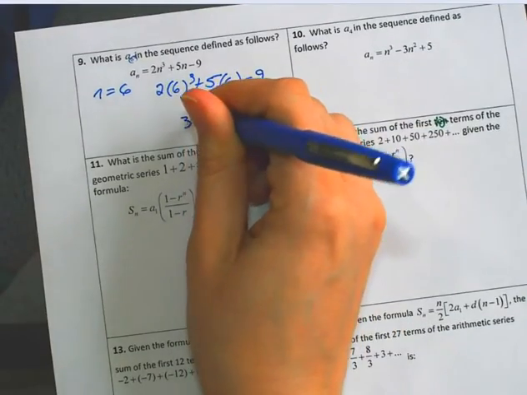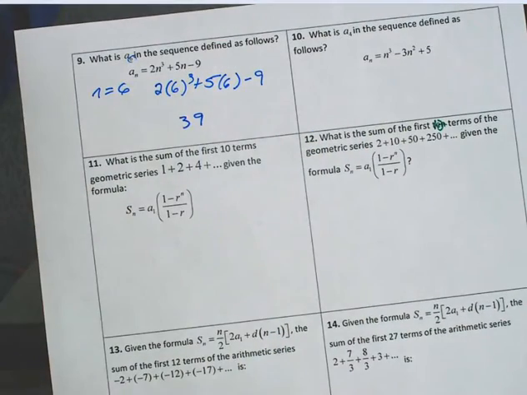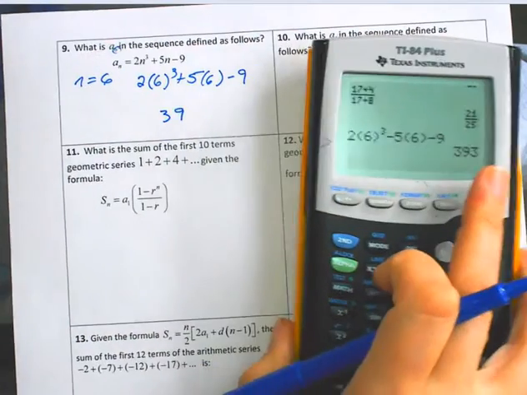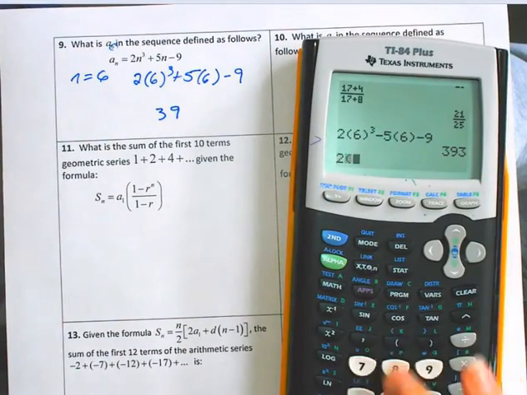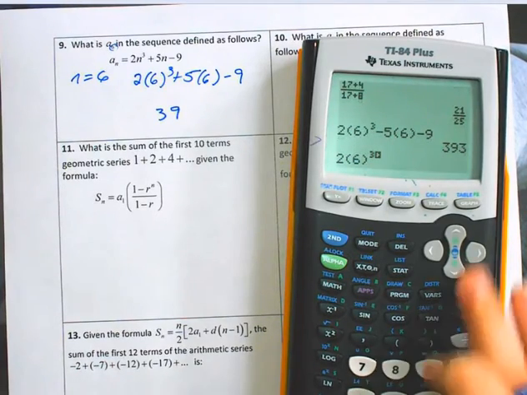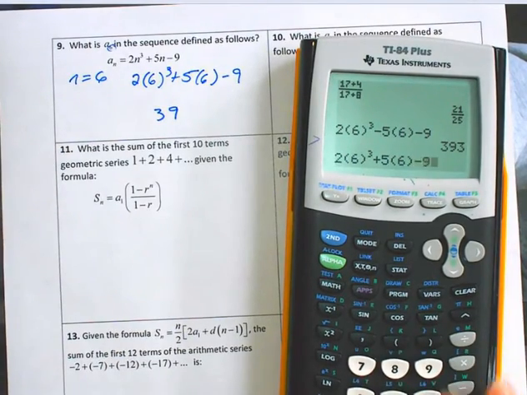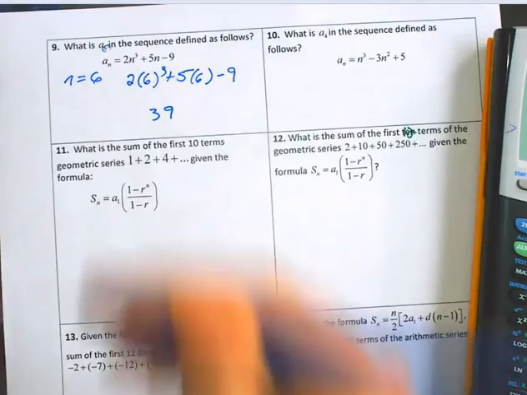Okay, notice that I put minus 5, it's plus 5, so I'm going to retype that in. 10 times 6 to the power of 3 over plus 5 times 6 minus 9, which is 453.